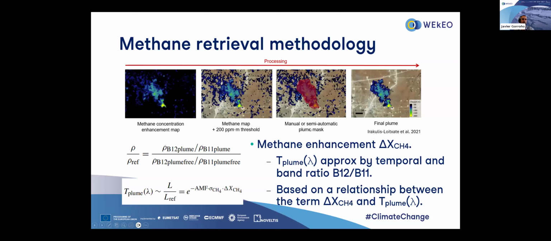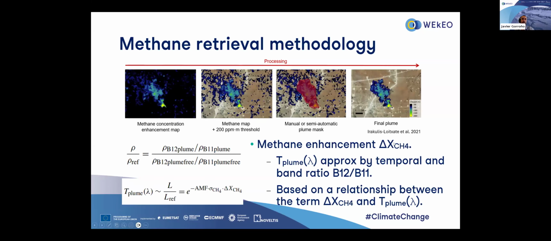That can be done manually, or you can use a machine learning process; there are several methods to do this. And then in the end, you've got a final plume mask, which you can use to quantify the amount of methane released per hour, which is the quantity of interest to understand the amount in kilograms that is released.